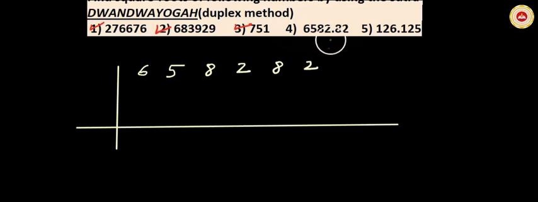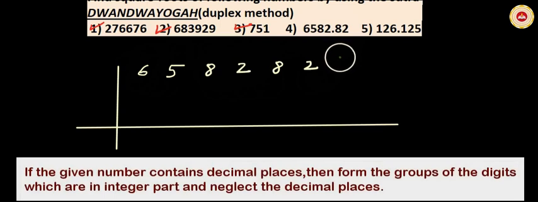Okay, next example, the fourth example, 6582.82. Neglect this decimal point and write the number. For the first time, we are going to evaluate the square root of a number with decimal places. So how to form groups in such numbers? While forming the groups in such numbers, neglect the decimal part and form groups for the integer part only.